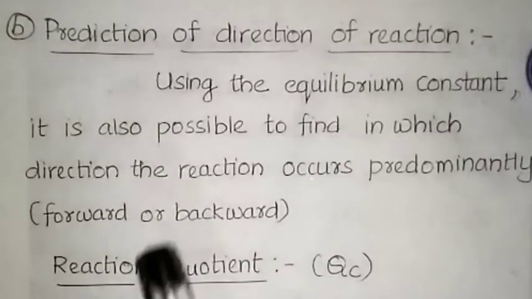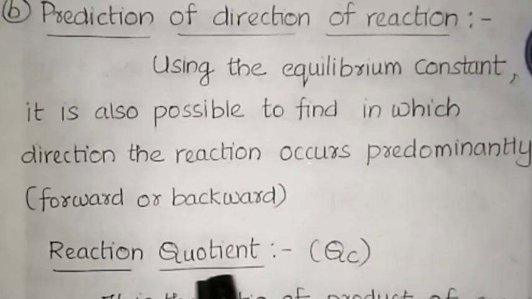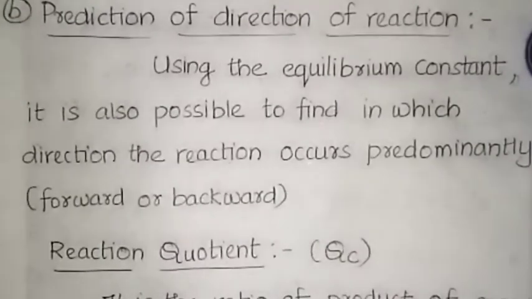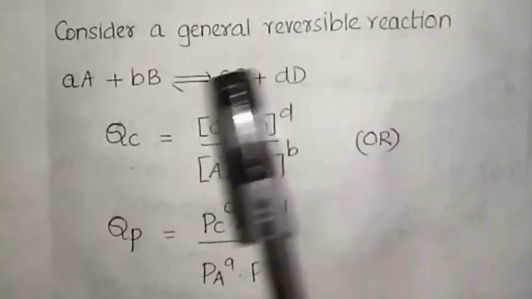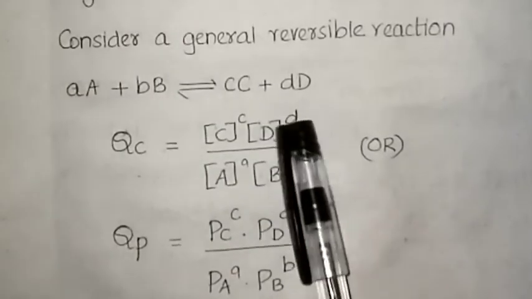To predict the direction of reaction, we know one term, reaction quotient Qc. We consider a general reversible reaction aA plus bB reversibly gives cC plus dD.